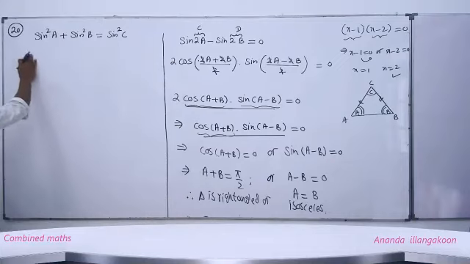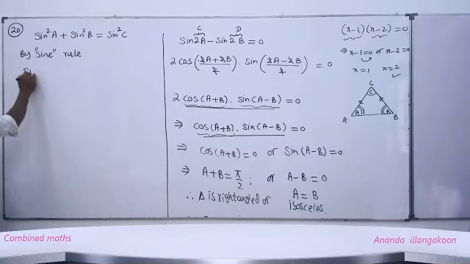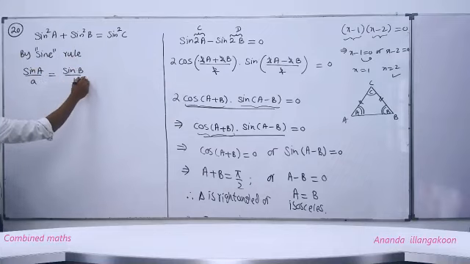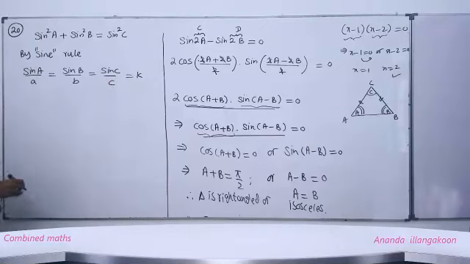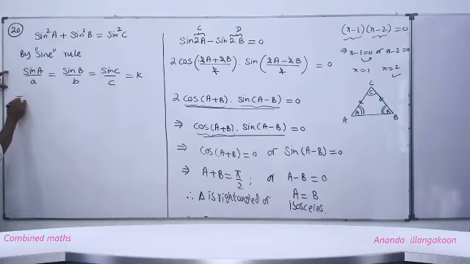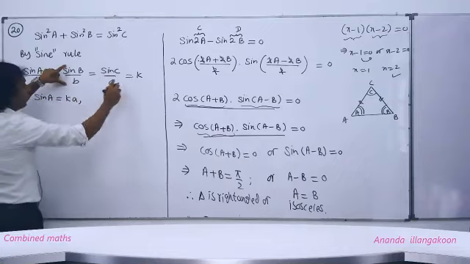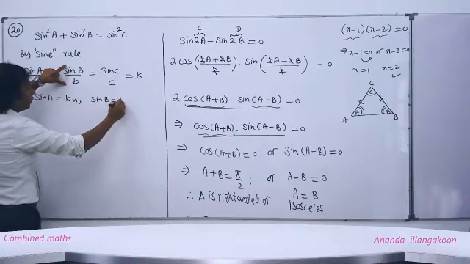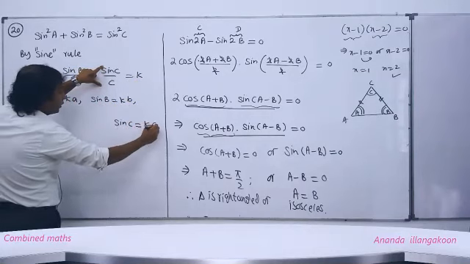I'm going to write by sine rule: sine A divided by A equals sine B divided by B equals sine C divided by C, and this is equal to K. Equating sine A by A to K, use cross multiplication: sine A equals KA, sine B equals KB, sine C equals KC.